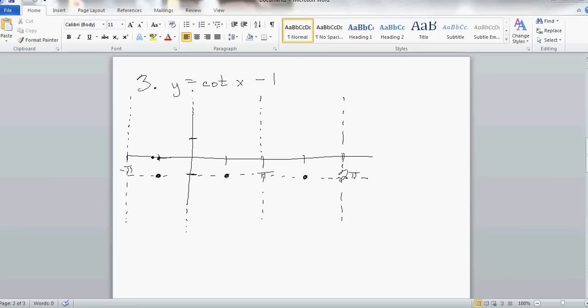And cotangent also, between the left asymptote and the middle point, the value is halfway at 1, unless the amplitude is different. But in this case, the amplitude is 1, so it's going to be halfway, which is about right here, 1 up from the 0 line, which is right there.